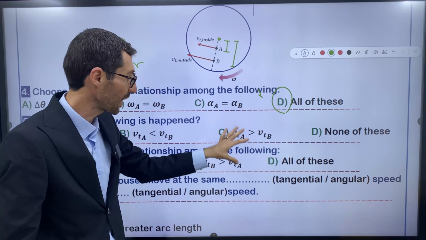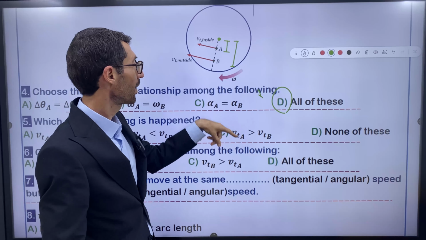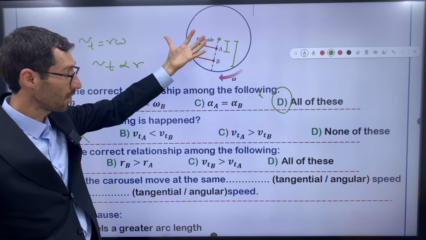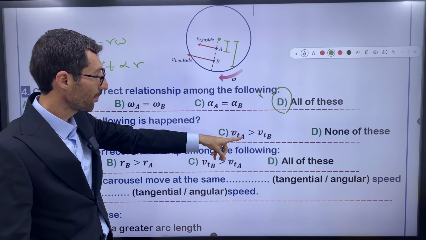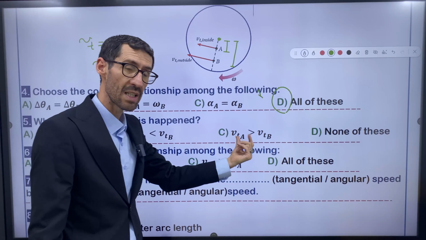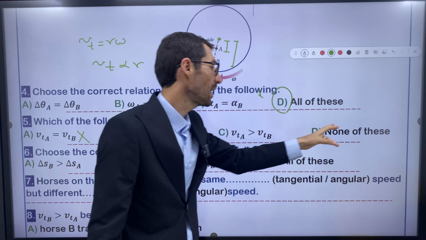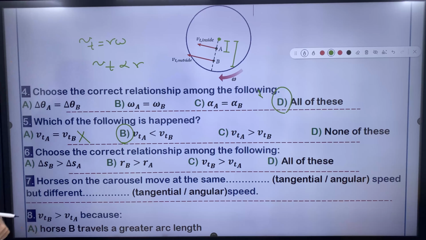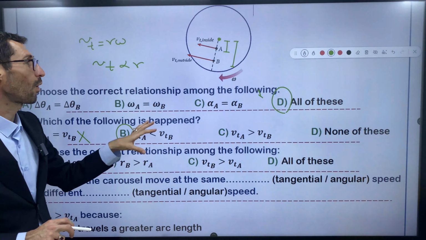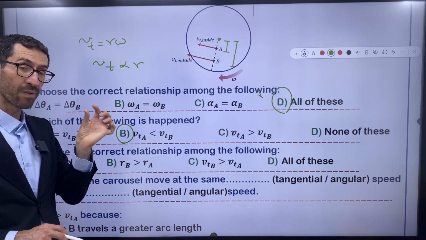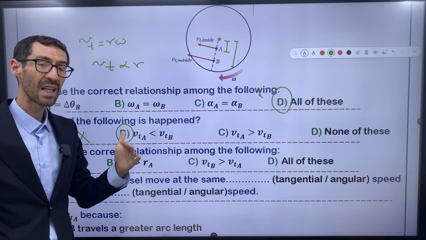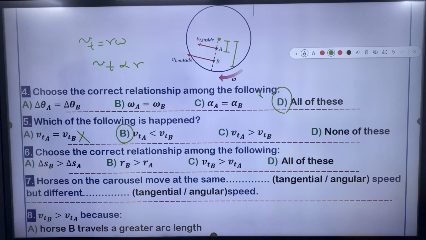It doesn't make sense because A is very close to the axis of rotation. That's why this condition is not taking place. D, none of these. So we accept only B, which is Vt of the nearer horse is smaller than Vt of the farther horse.